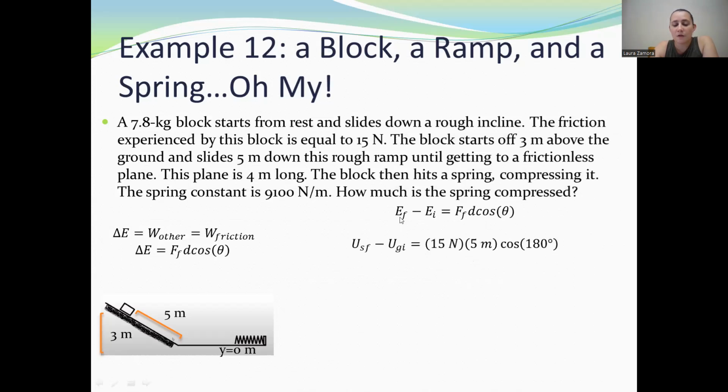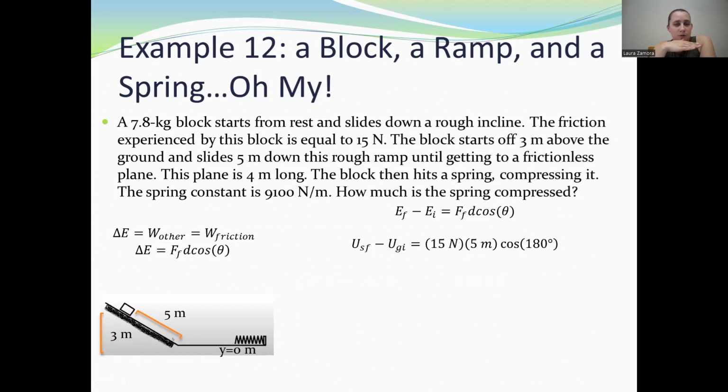So let's think about our forms of energy here. At the end of this block's journey, we know it is compressing this spring. So we know we're dealing with spring energy at the end. But at the end, the block is sitting on that level floor, which is our reference height of 0.